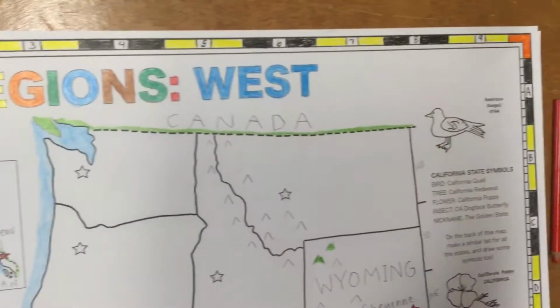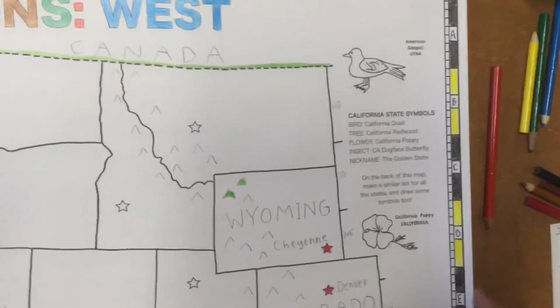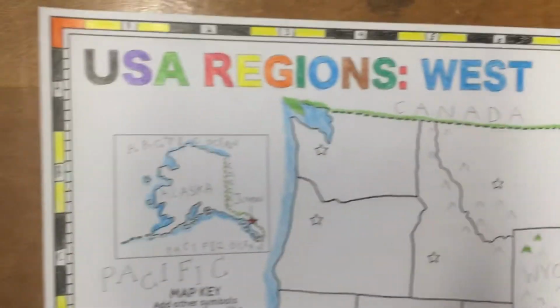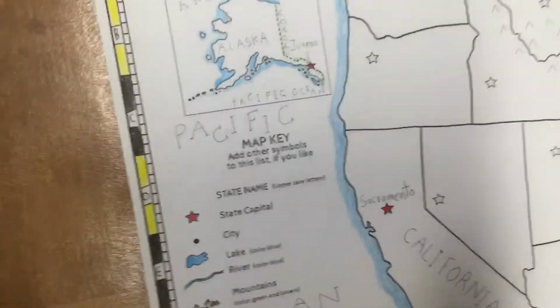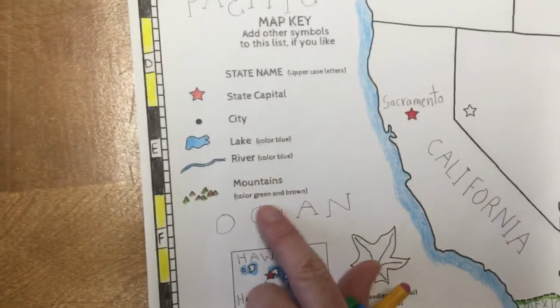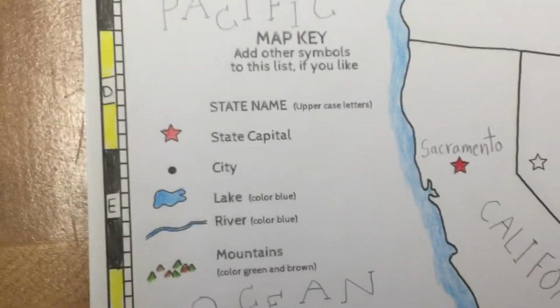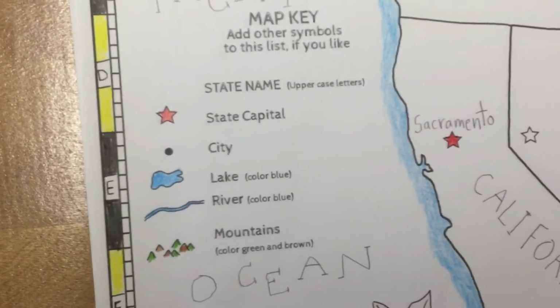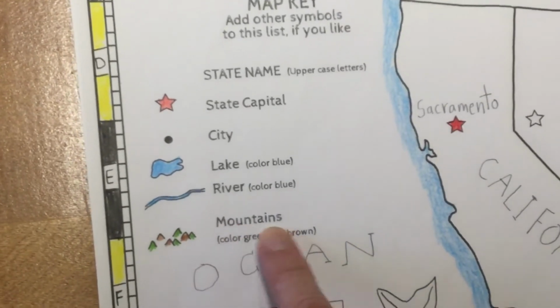Okay, so make sure all of your maps have that feature. Also, we have the key on every map. We talked about that in the previous video as well, the map key.